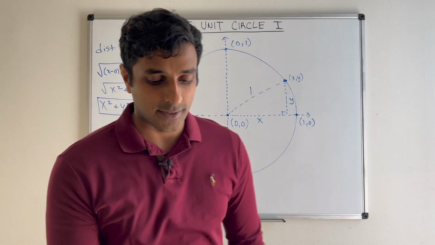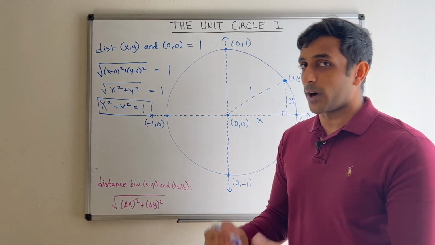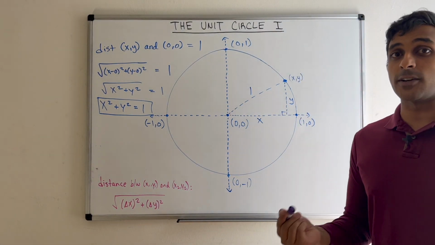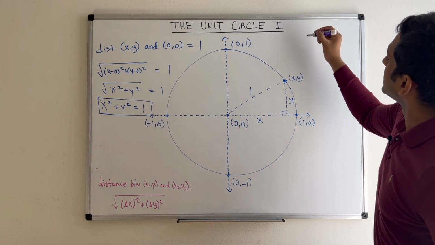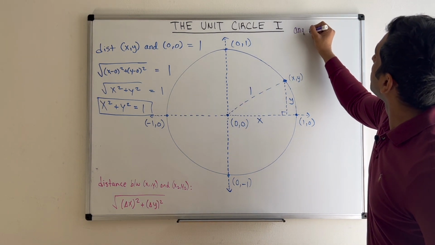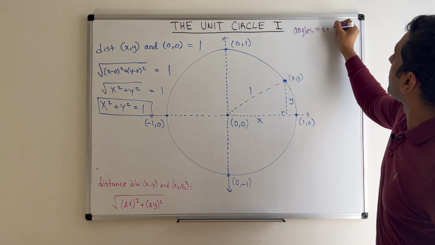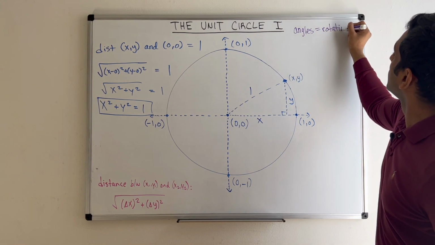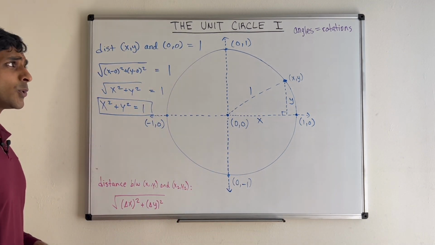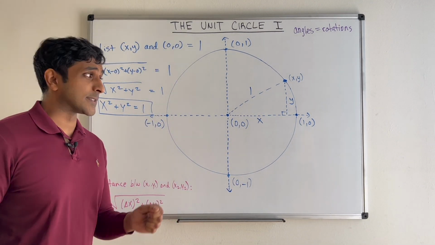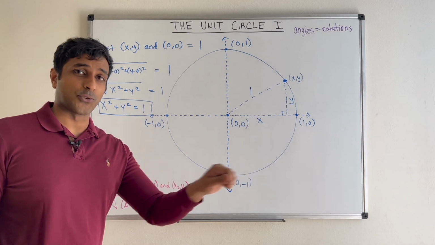With that being said, we are now ready to do what we wanted to do, which is build a new concept of angle using circles. So the first thing to discuss is that angles now correspond to rotations, okay? So if we're going to talk about rotations, we need a starting position for all of our rotations.